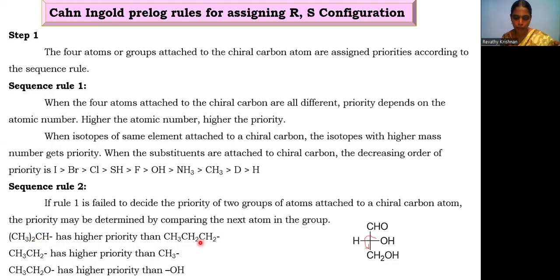In propyl, the carbon attached to the chiral carbon has two hydrogens and one ethyl group. So the isopropyl group has the higher priority.